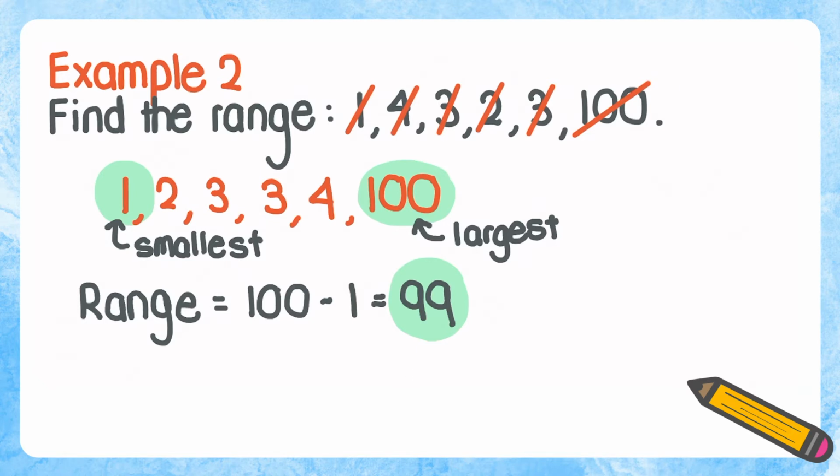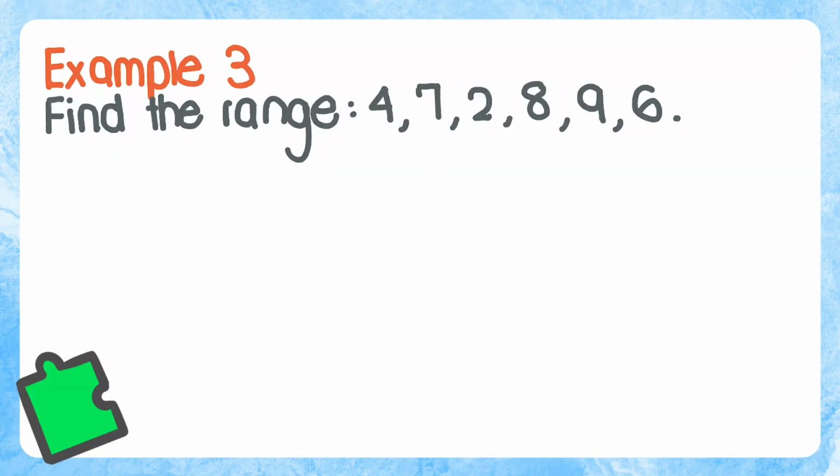This is why the range only gives us a basic idea of the spread, but sometimes it's not the best measure of spread. So after the next example, we'll talk about another kind of measure of spread. This next example is on Edpuzzle, so please find the range of this data set. Remember to reorder from least to greatest first.